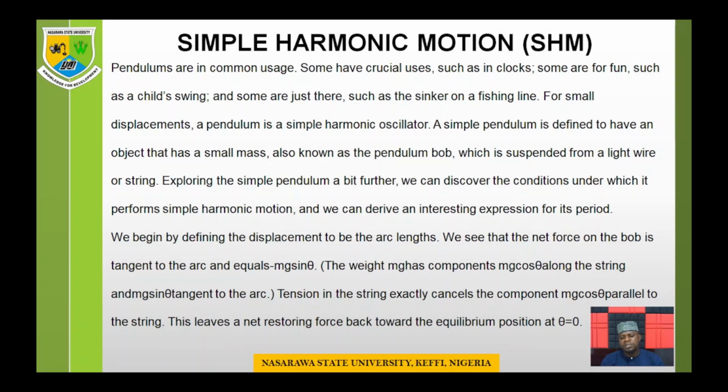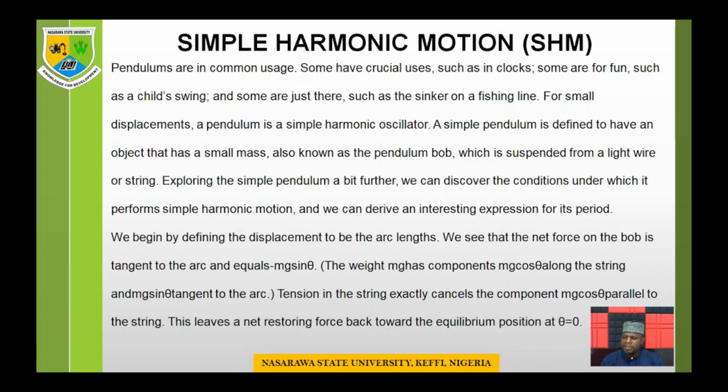And some are just there, such as the sinker in a fishing line. That sinker in a fishing line is also exhibiting a pendulum. For small displacements, a pendulum is a simple harmonic oscillator.